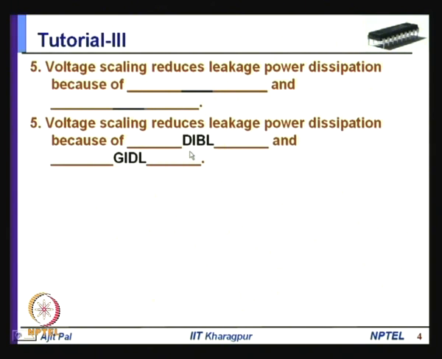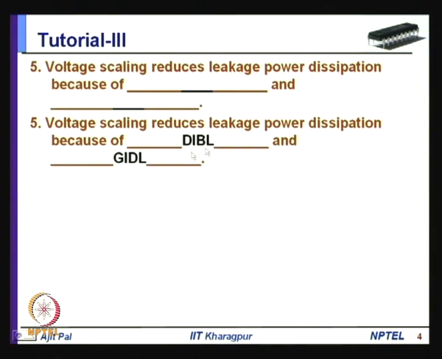So, when the drain voltage is reduced, the barrier is higher, and as a consequence the leakage current is lesser, that means threshold voltage is larger.